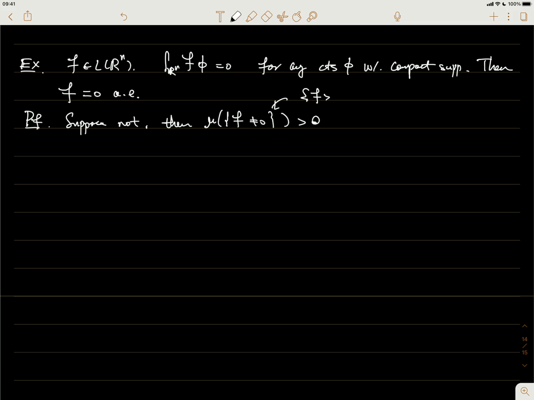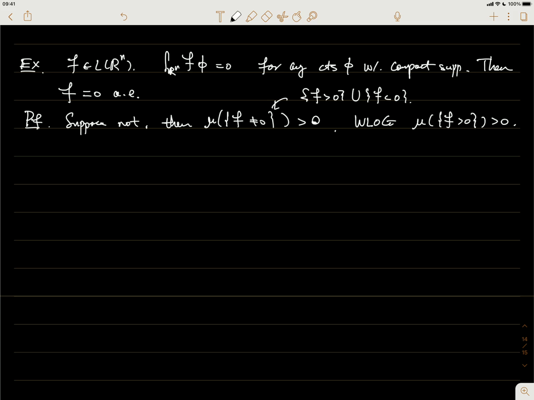One part is where f is greater than 0, and the other part is where f is less than 0. And these two sets do not overlap. So that means at least one of these two sets has a positive measure. Okay, and without loss of generality, let's just say that the first one has a positive measure.